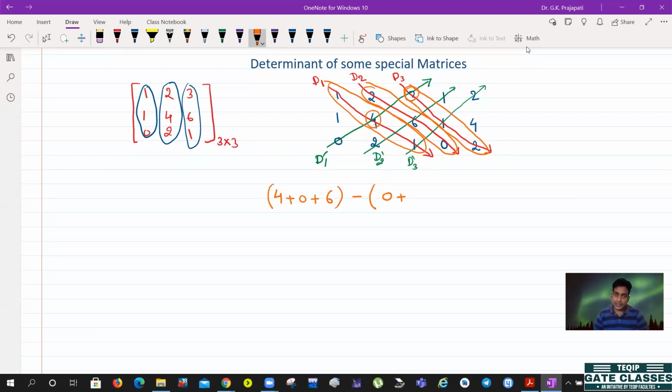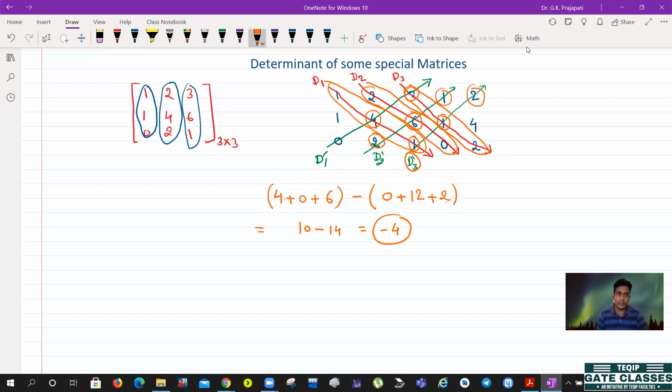Now we multiply the elements of D1 prime, that is 0 into 4 into 3, which is 0, plus now the elements of diagonal D2 prime, that is 2 into 6 into 1, that is 12, plus, and last the elements of the diagonal D3 prime, that is 1 into 1 into 2, that is 2, and we solve it. 4 plus 6 is 10, minus 12 plus 2, 14, equals minus 4.